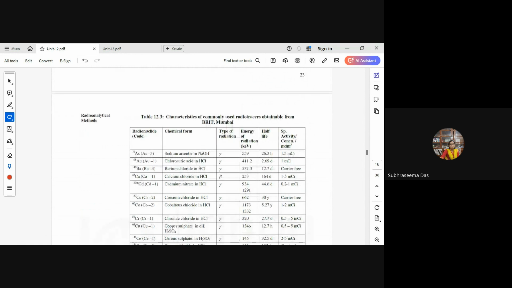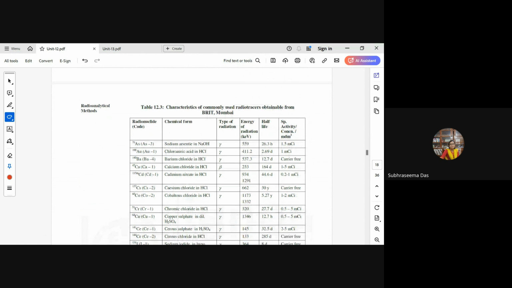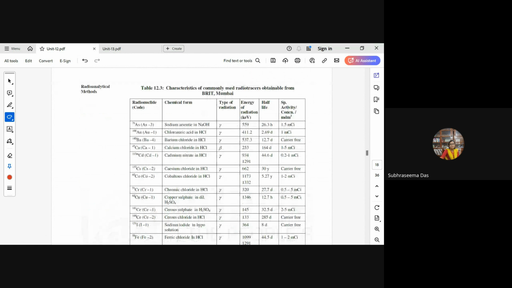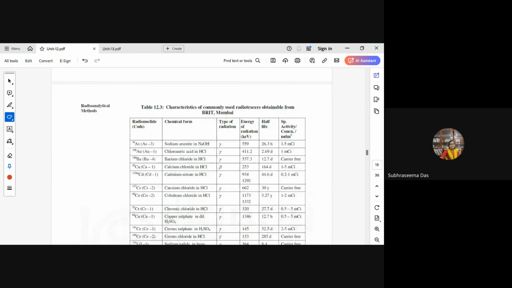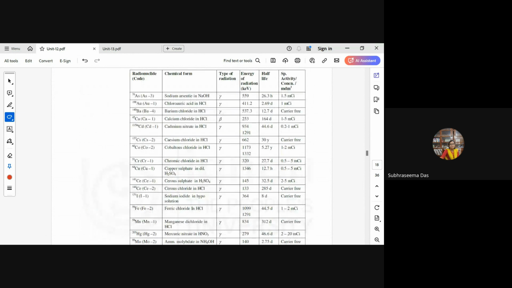As you can see, this is 76As. The chemical form is sodium arsenide, and it is present in NaOH solution. It emits gamma radiation. The energy of the radiation is 559 kilo electron volts, and the half-life is 26.3 h, and the concentration is 1.5 millicurie. So these are some of the commercially available radiotracers or radioisotopes we can get from BRIT Mumbai.